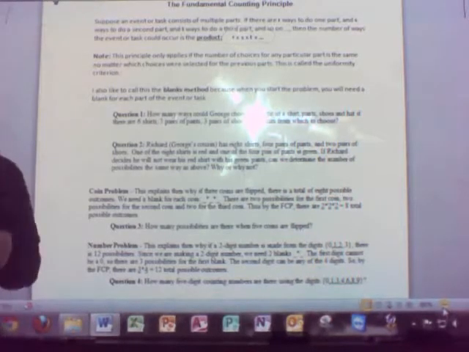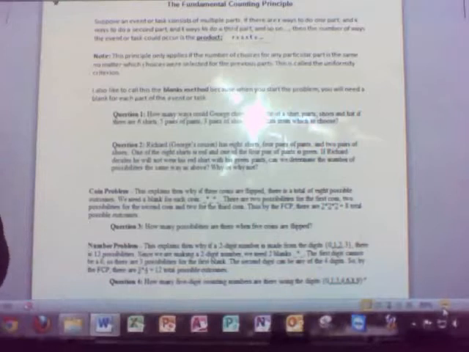Take the R times the S times the T, and you could go on and on from there. Just multiply how many ways each part can be done, multiply those together. And that's a nicer way you can do this without having to actually list them all out.